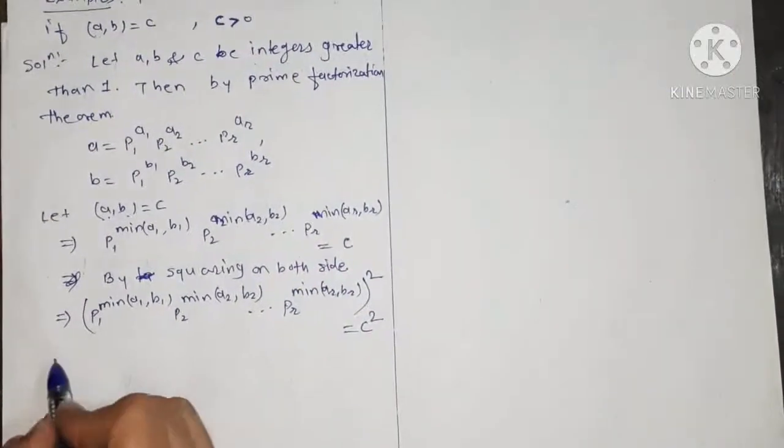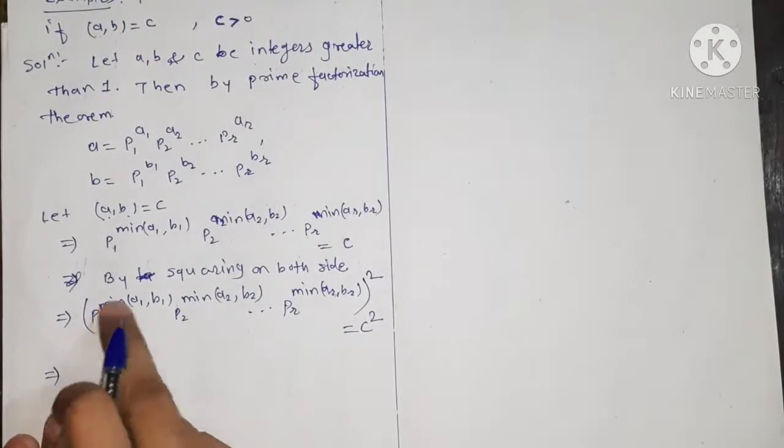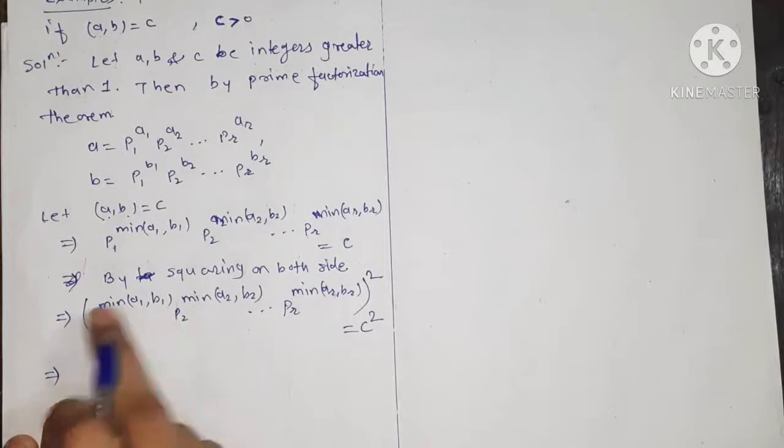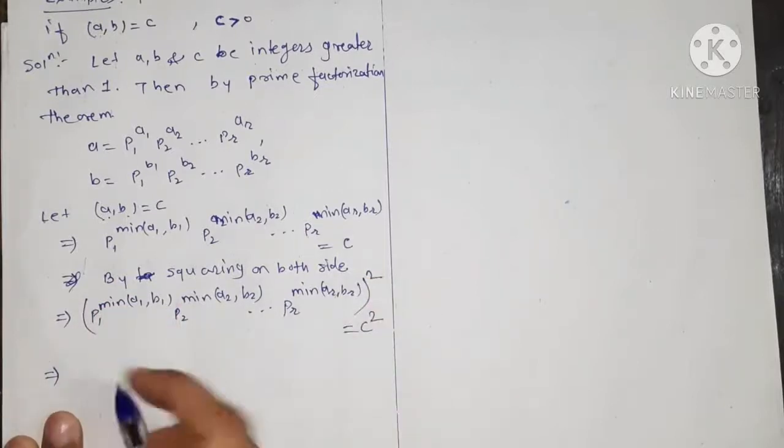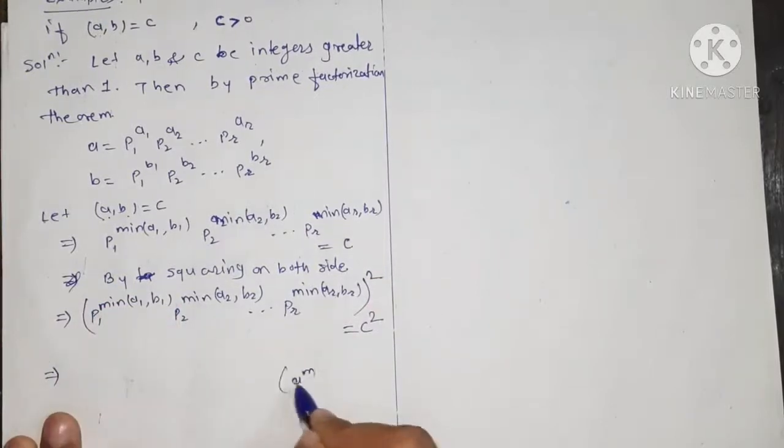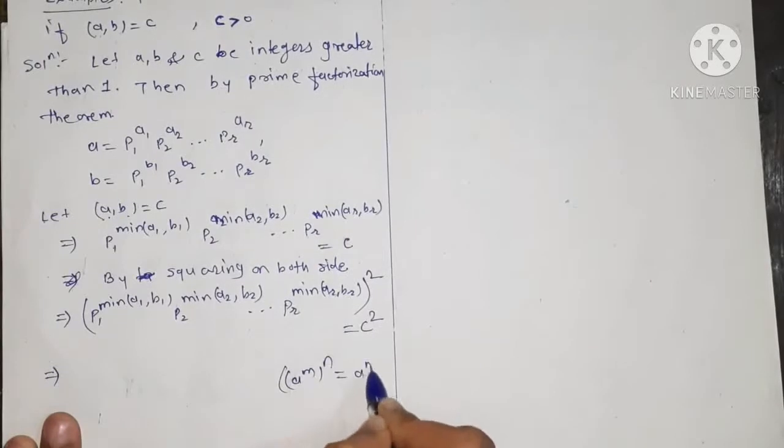Now, here p1 to the power minimum of a1 comma b1, to the power 2. So we can use the property that a to the power m to the power n is equal to a to the power mn.